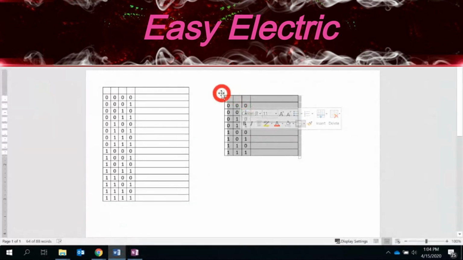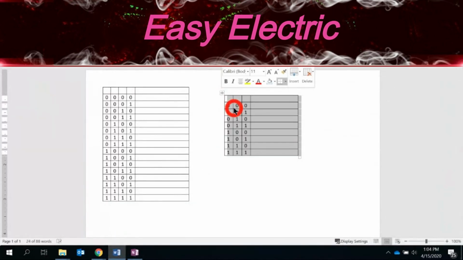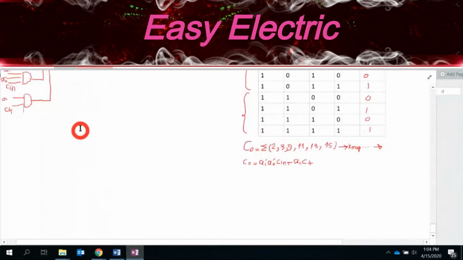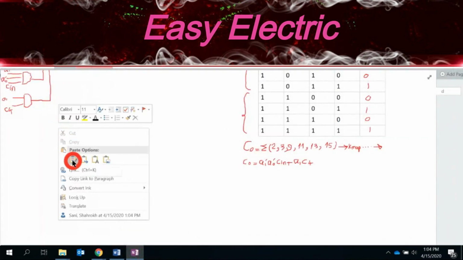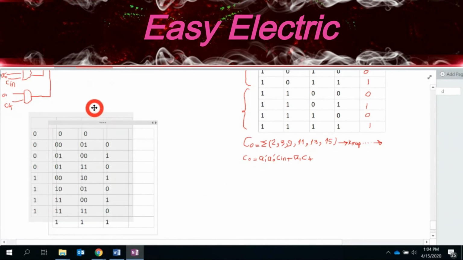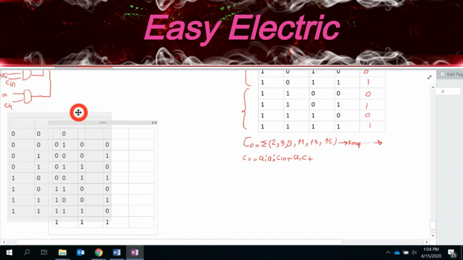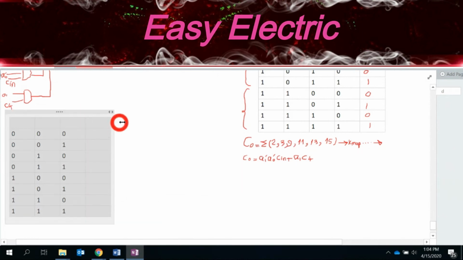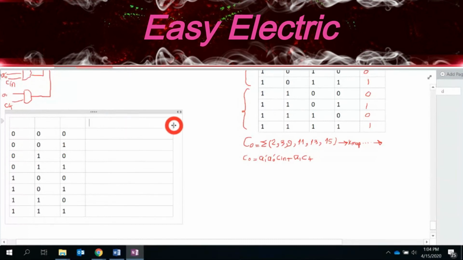Let me borrow another truth table here and put that here. Maybe here we need to expand that. Okay. So what is actually missing here is I want to get the C out.